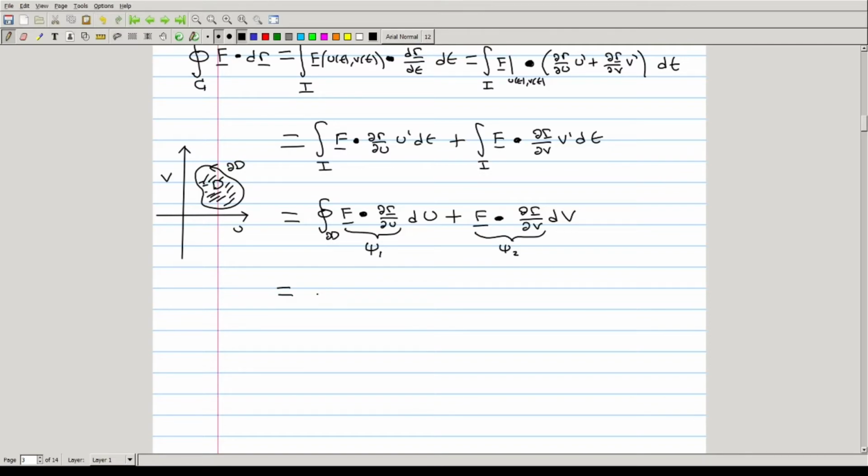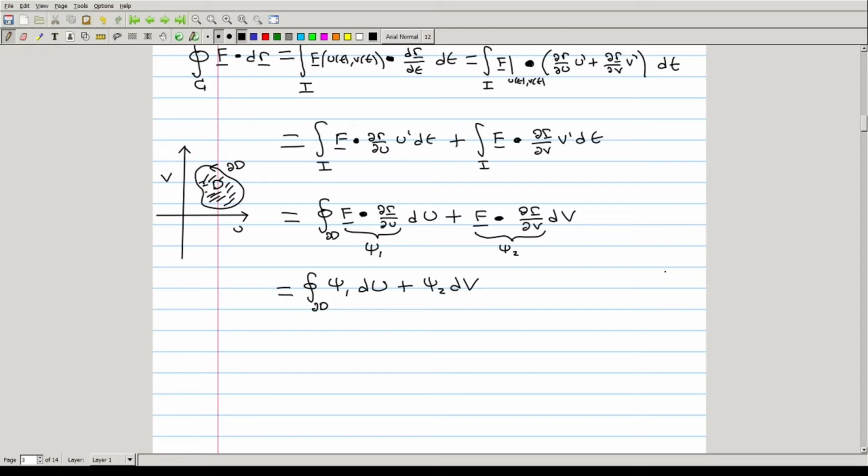This is the same thing as saying take the closed line integral over the boundary of D of phi1 du plus phi2 dv. As phi1 and phi2, they're both functions of u and v, but they depend on u and v through the parameterization and also through the vector field f.